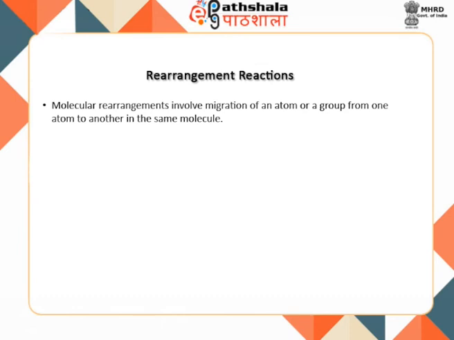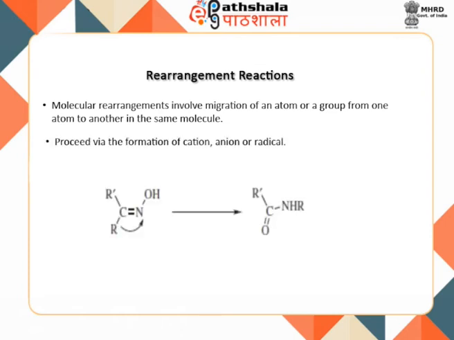Molecular rearrangements involve migration of an atom or a group from one atom to another in the same molecule. The rearrangement reactions proceed via the formation of a cation, anion, or radical. The 1,2 rearrangement, pericyclic reactions, and metathesis occur via rearrangement.